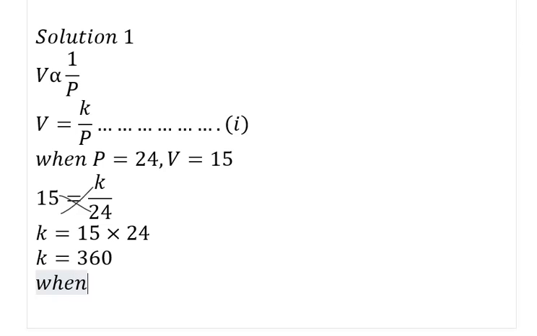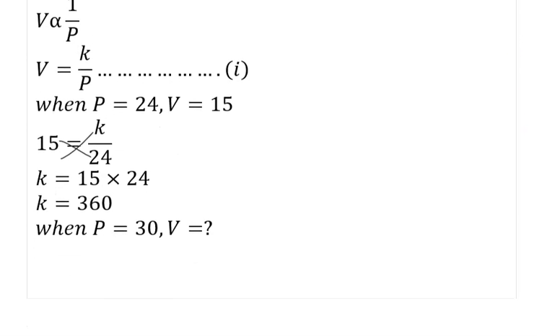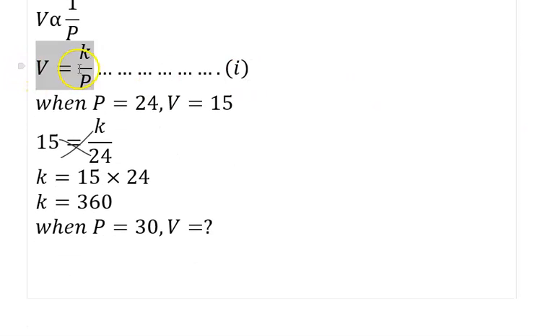We don't know. That's what the question is asking from us. So all we need to do now is to bring our equation 1 and insert it. We are looking for V.